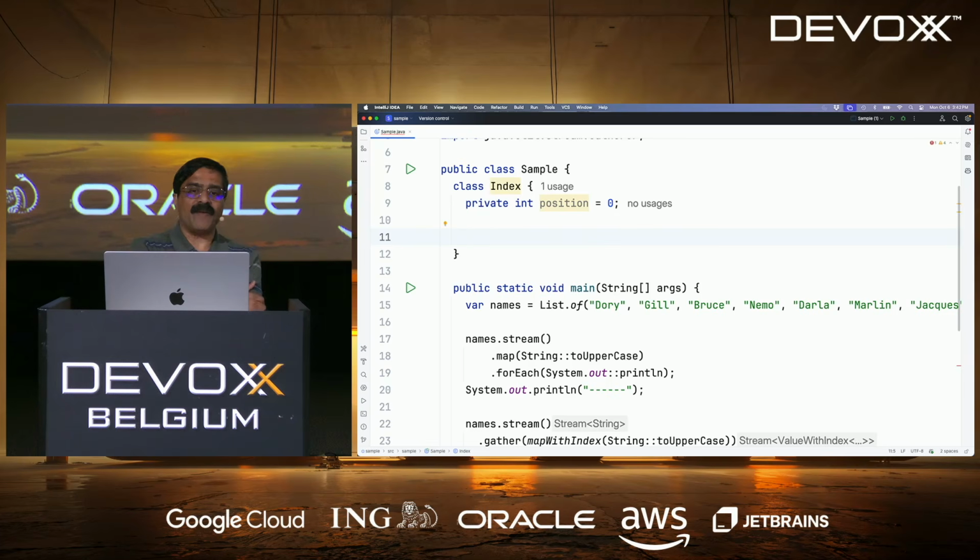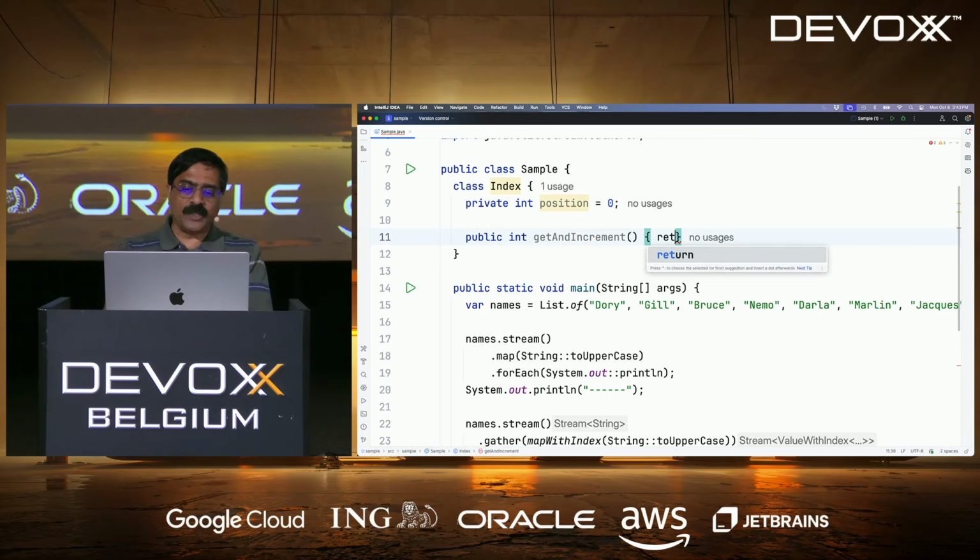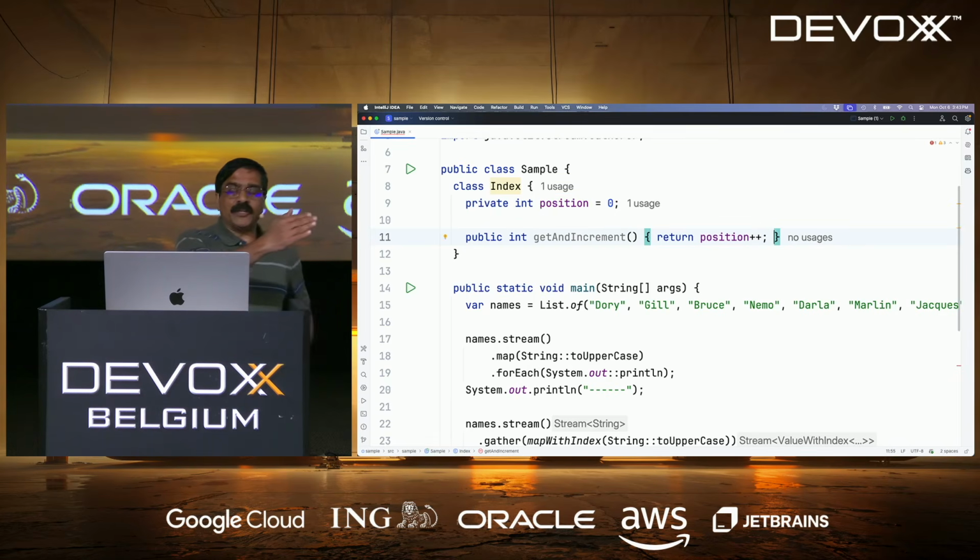That's your initial value. We start with an index 0. But we're going to say public int get, and we will call this increment, and this is going to return the position plus plus. It's a post increment. So you return the value and then you increment it, right?